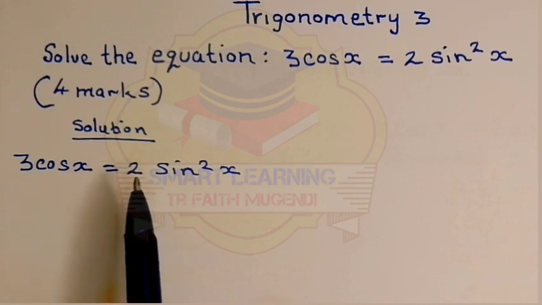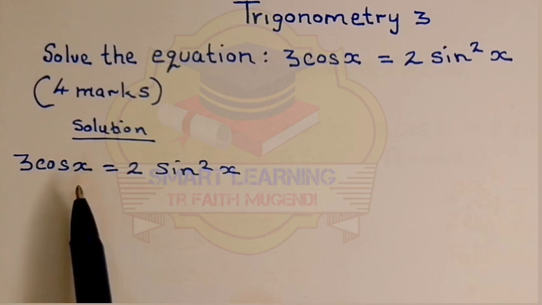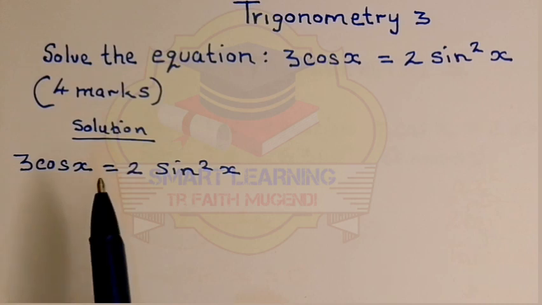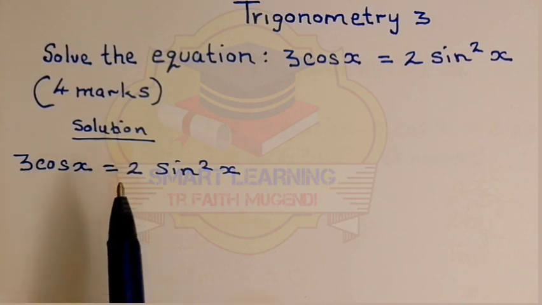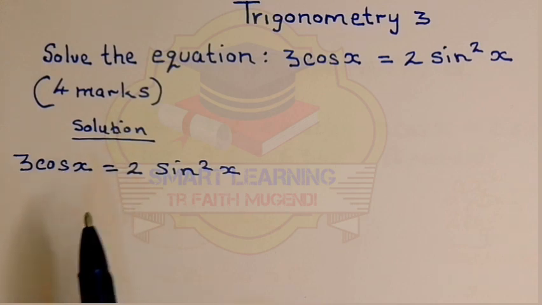Because we're involving more than one trigonometric ratio, we need to change it to an equation that involves only one ratio. And to do that, we need to remember the trigonometric identities or definitions.